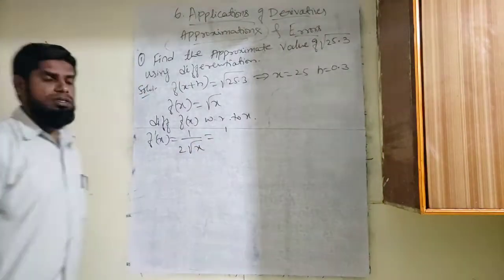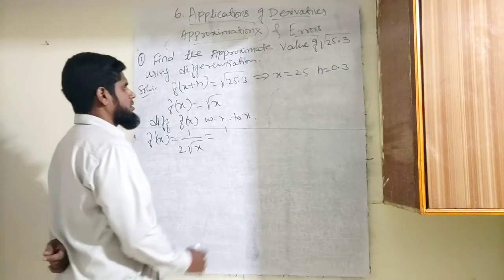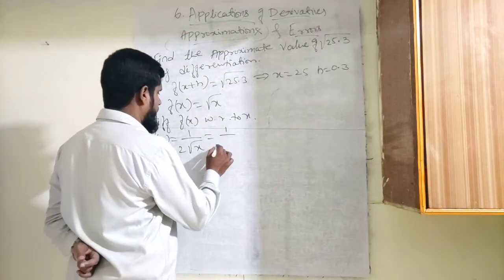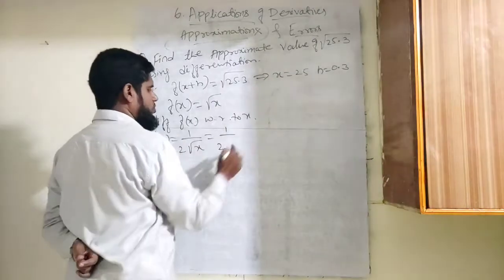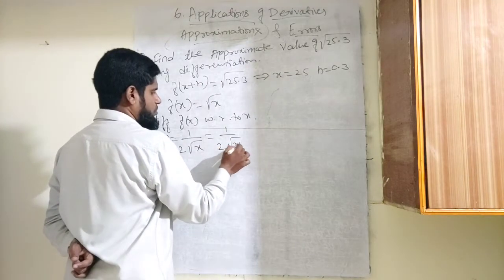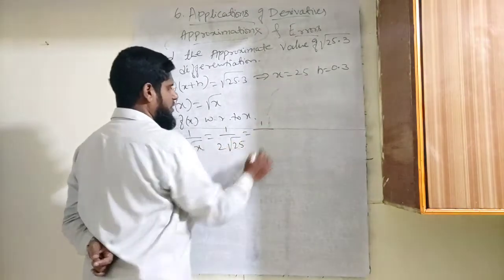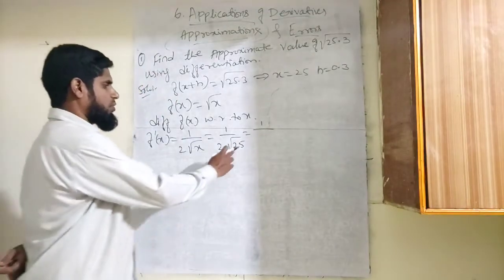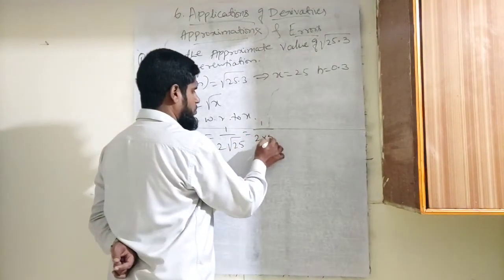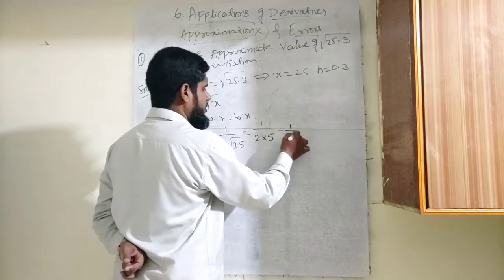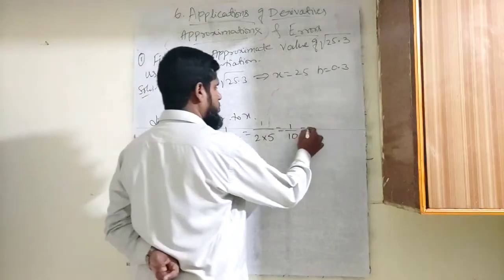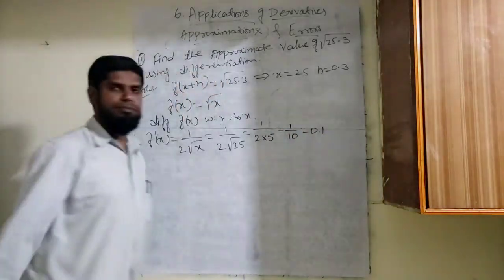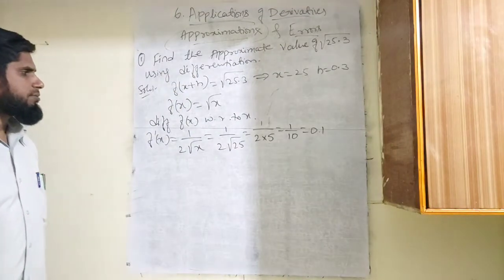So let me substitute the value of x here. So 1 divided by 2 into root 25. Root 25 is 5. So 2 into 5, it is finally 1 by 10, or you can also consider it as 0.1.